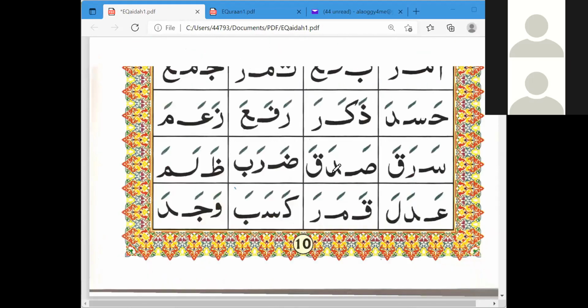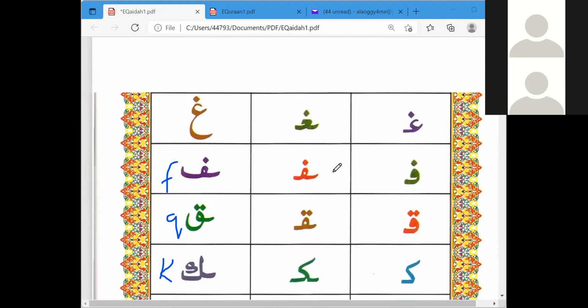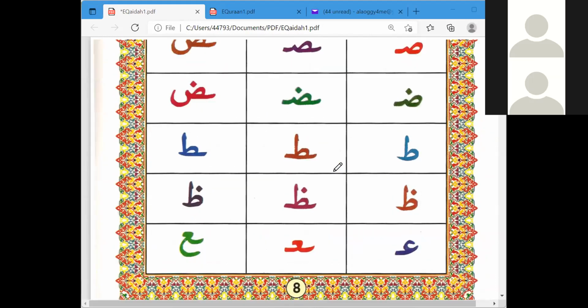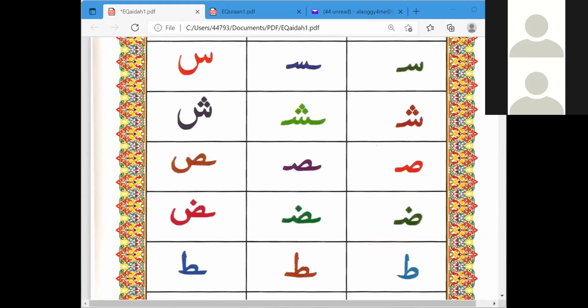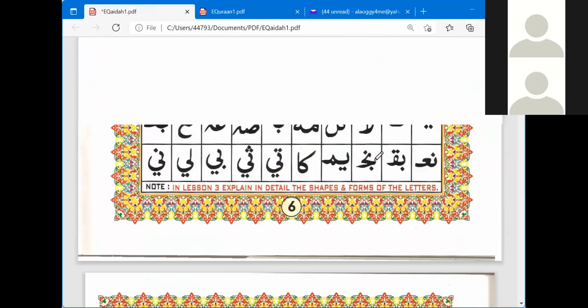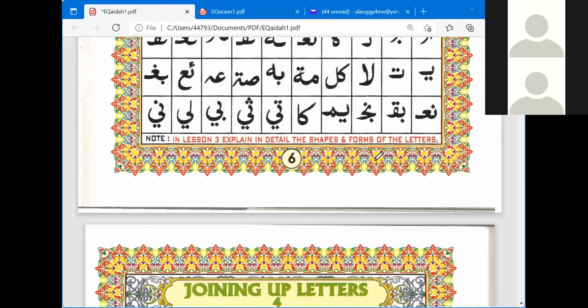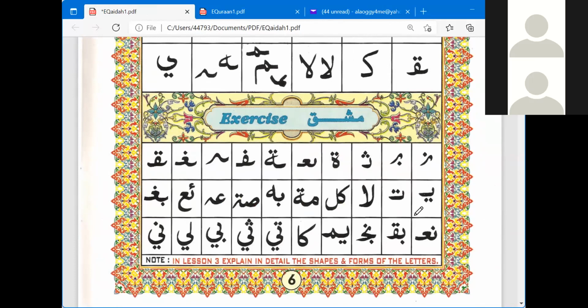Page 6 or lesson 6, which one? Can I keep going? Yes, sir. Up, right? Forward is page. Yeah. Okay.